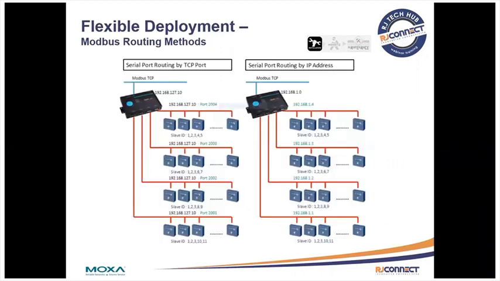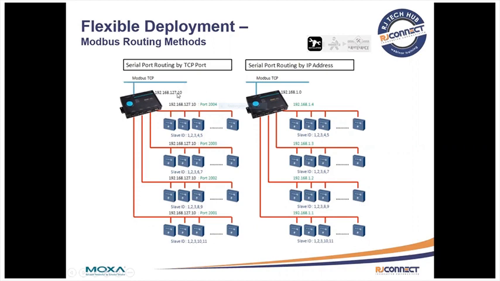Here's another example of routing by TCP port or routing by IP address. So here you can see the Mgate's IP address 127.10, but we've got several different port numbers for each serial port on the device.